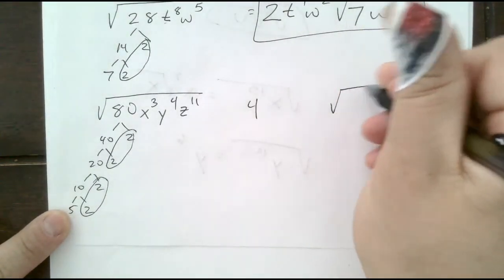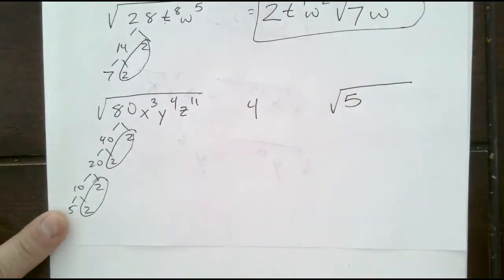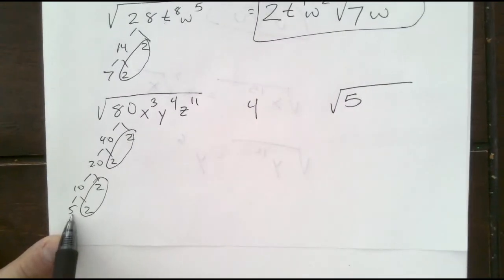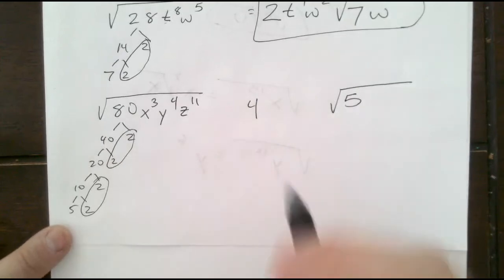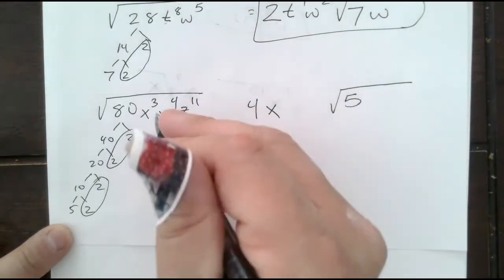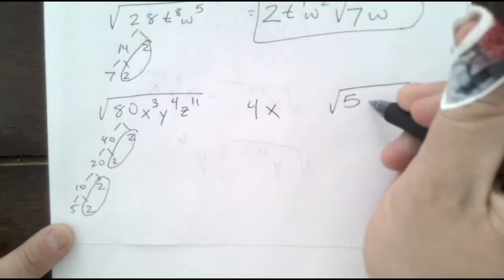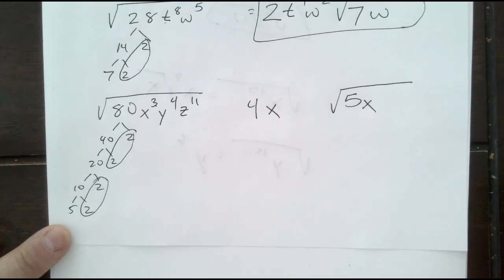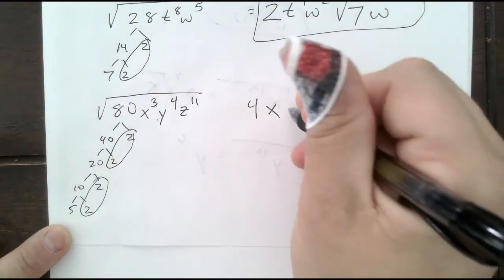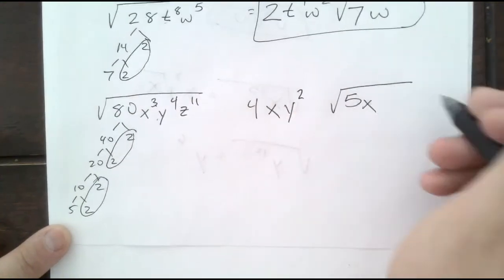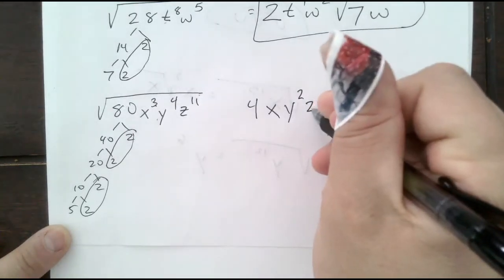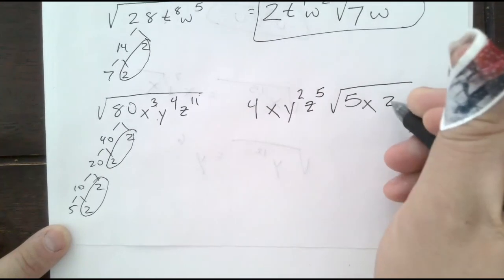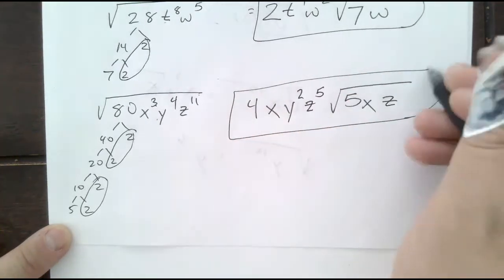And we know we're going to have a 5 left over underneath, because it doesn't have a pair. Alright, how many times does 2 go into 3? Well, it goes in one time, and because it's an odd exponent, we're going to have 1 left over. How many times does 2 go into 4? 2 times, with nothing left over. And how many times does 2 go into 11? 5 times, with 1 left over, and there's your solution.